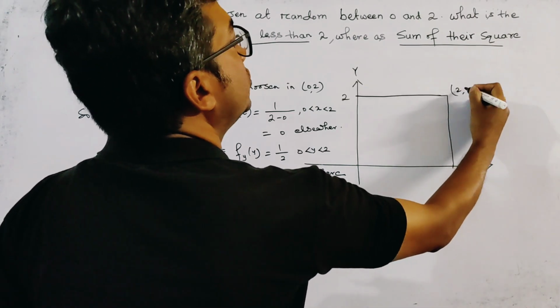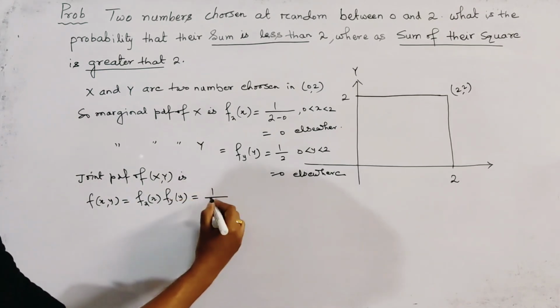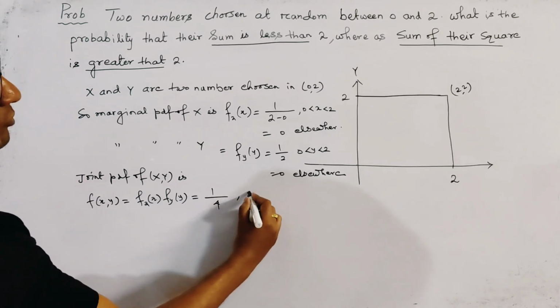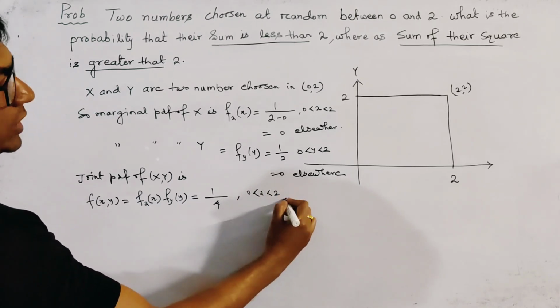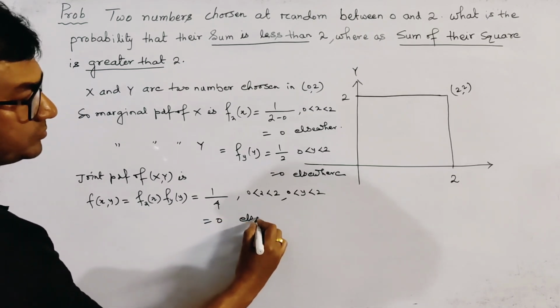This is 2, 2, right? So we get the joint PDF as 1 by 2 into 2, which means 1 by 4, for 0 < x < 2 and 0 < y < 2, and this is 0 elsewhere.